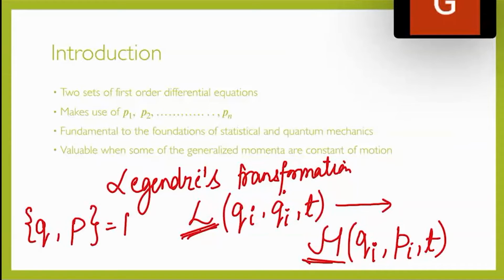Let me give you another description. Two variables are conjugate to each other when, for example, for Q, the other variable P is the derivative of a function with respect to the variable for which I'm taking the conjugate.